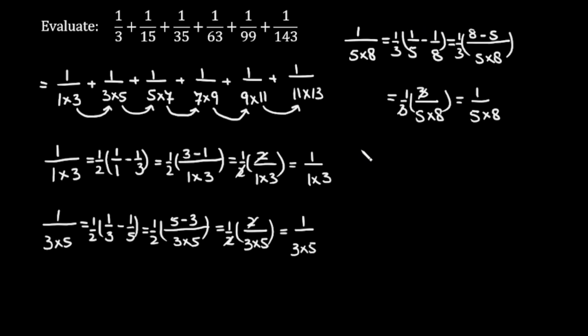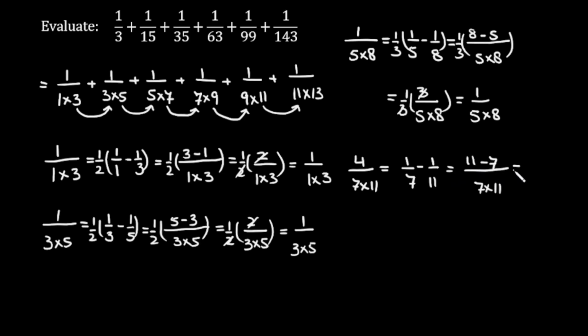Suppose I am taking another example. I have this pattern, 4 over 7 times 11. This can be written as 1 over 7 minus 1 over 11. So this is equal to, 7 times 11 is the LCM, so this is 11 minus 7.